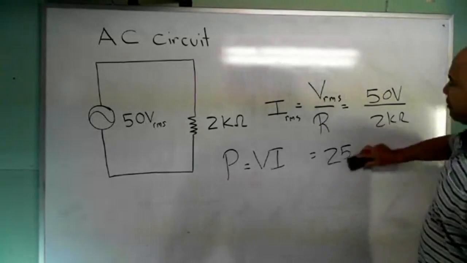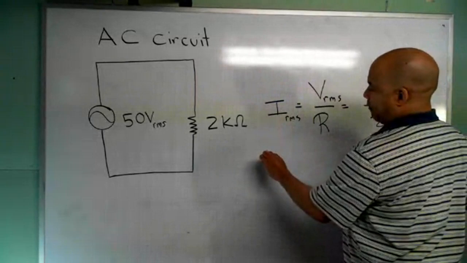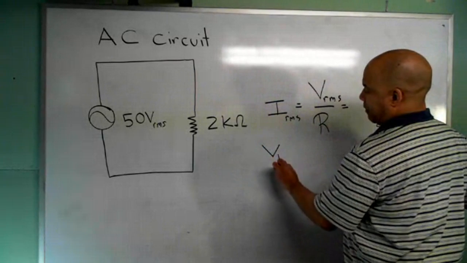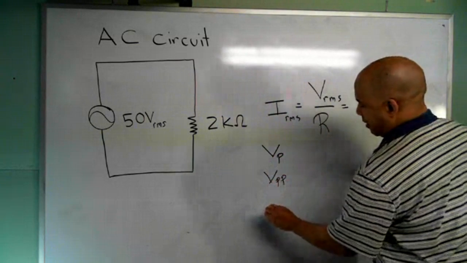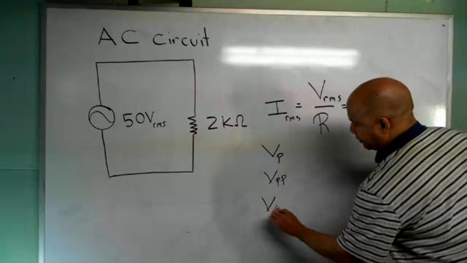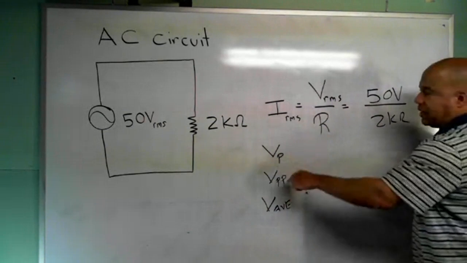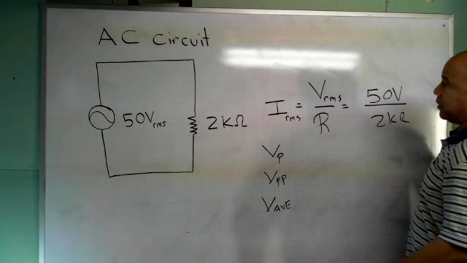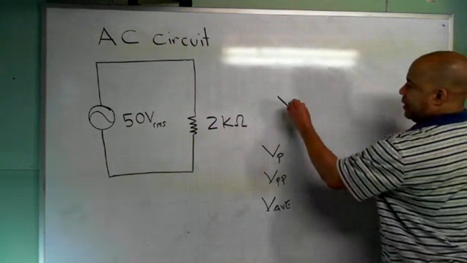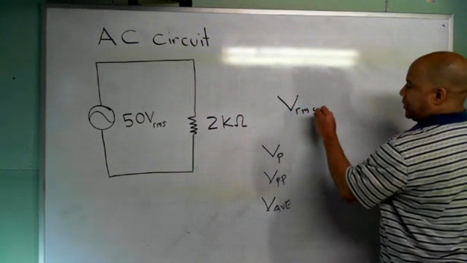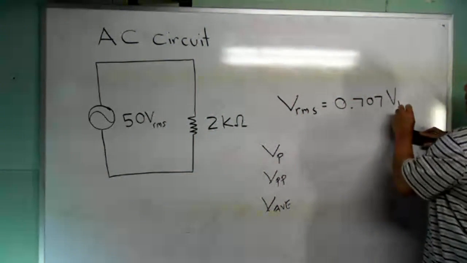Given 50 volts RMS, I can ask you to give me the peak value for voltage. You should be able to get V peak, V peak to peak, V average. Given any one of these, you should be able to get the other. We know that V RMS is equal to 0.707 times V peak.